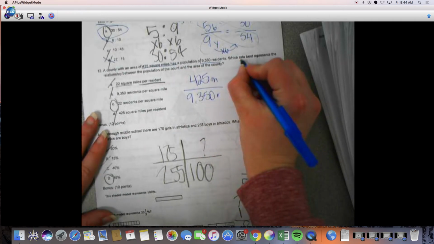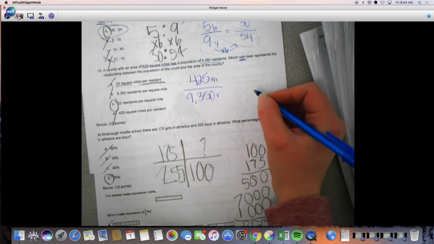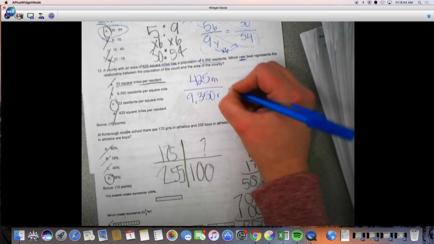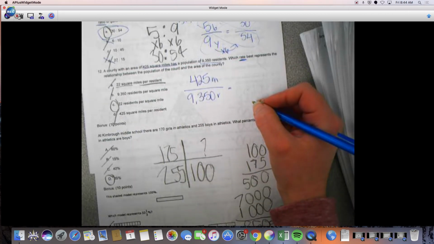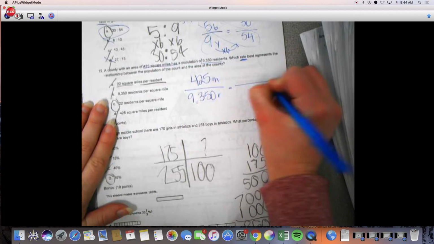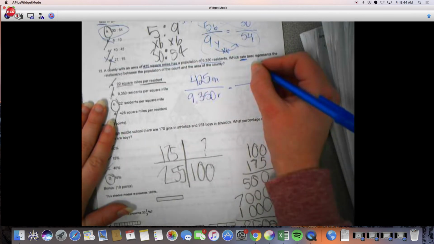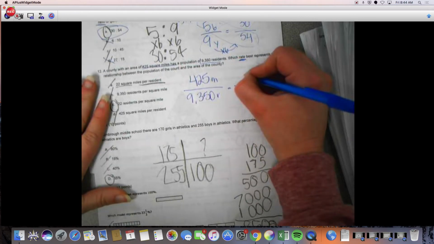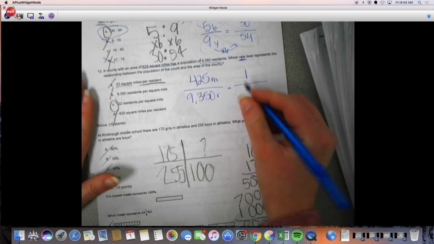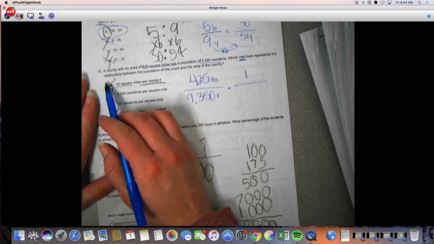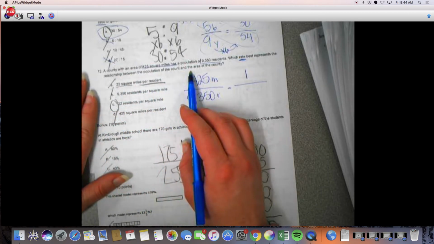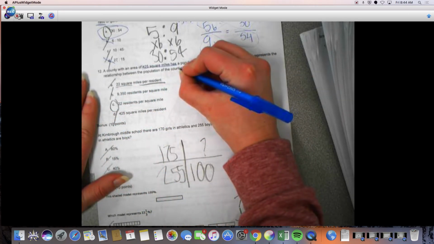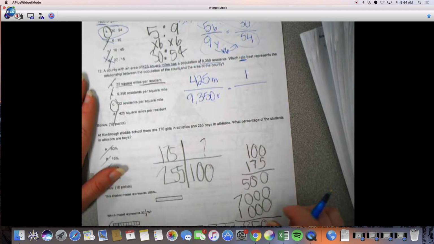Which rate, when I see the word rate, I know I'm going for unit rate. What does unit rate have on the other side? A what? A 1. Which rate best represents the relationship between the population of the county and the area of the county?